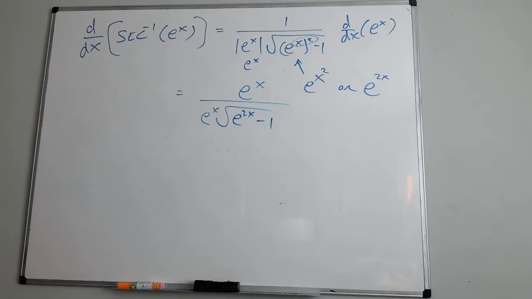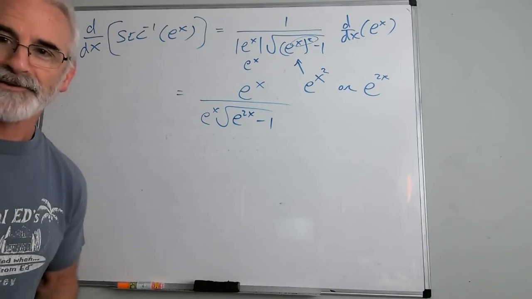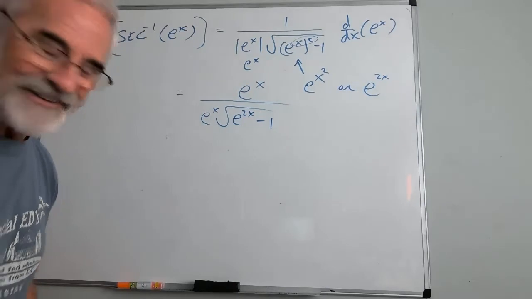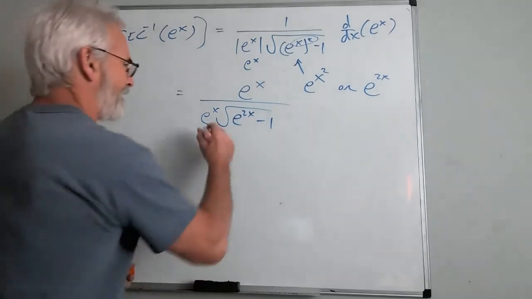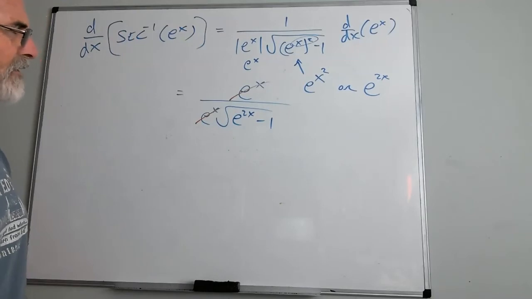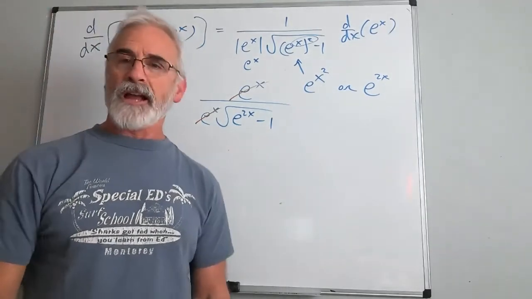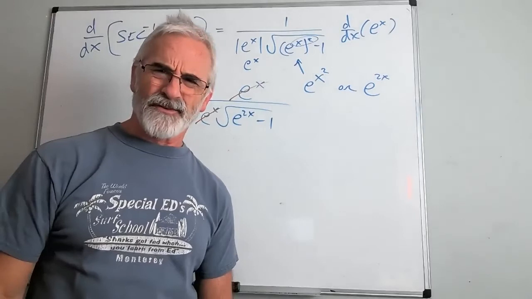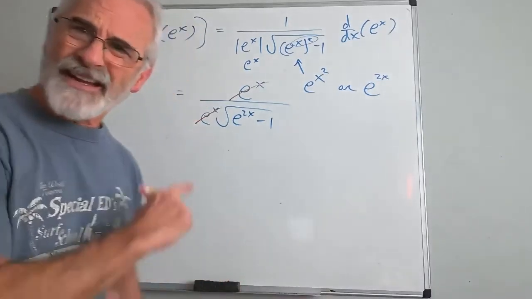So is this a perfect final answer? Or can I make it, again, perfect-er? Hopefully there's something obvious there. Cancel out the e to the x's. I can cancel out the e to the x's, yeah. What's weird is I couldn't cancel in the inverse tangent derivatives ever. I couldn't cancel in the inverse sine derivative really ever, but I canceled here.